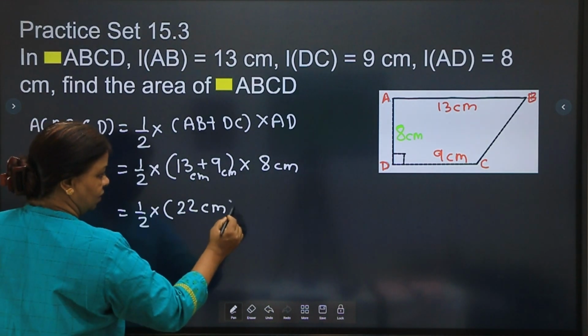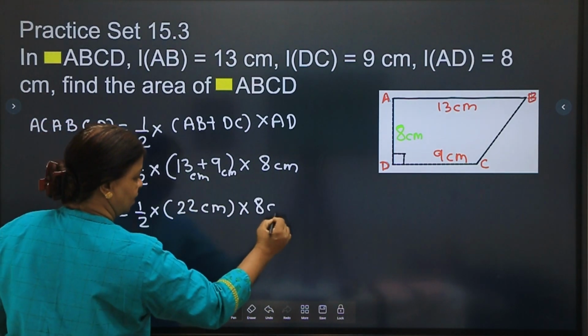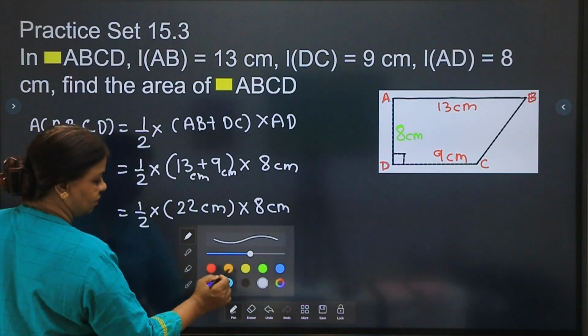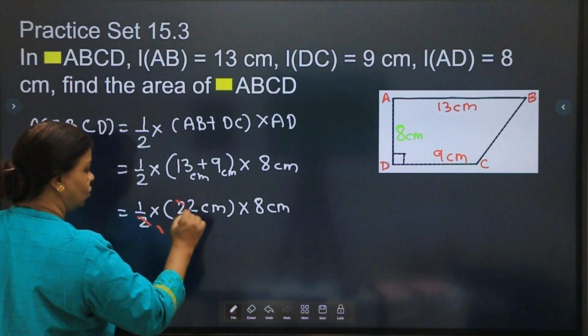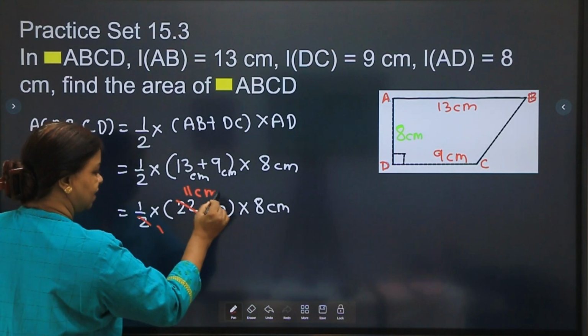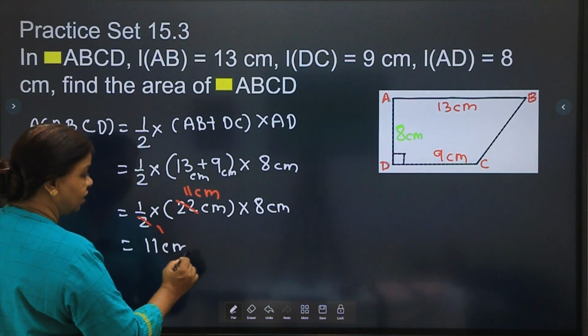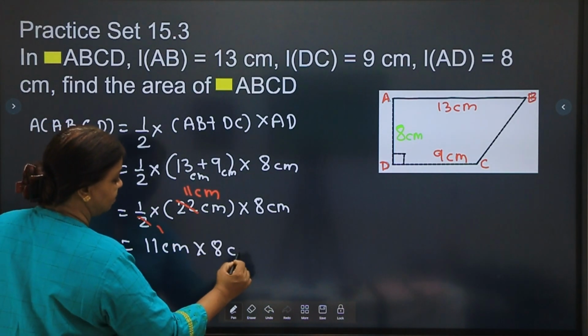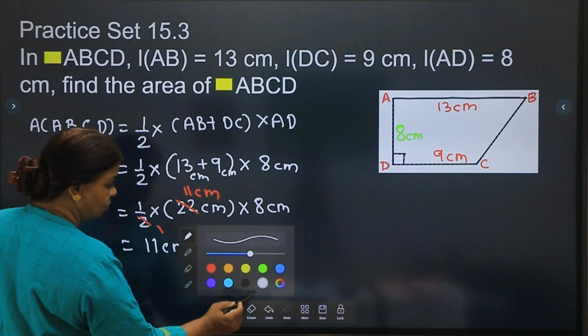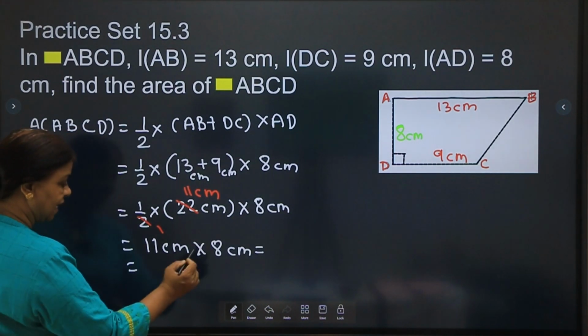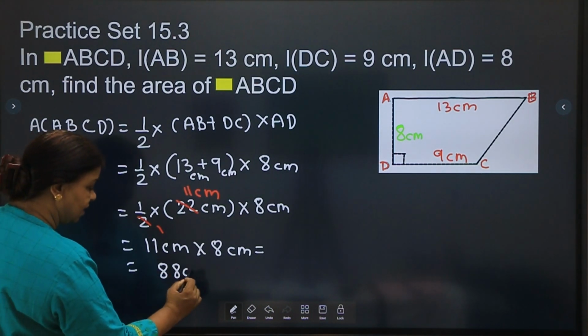Into 8. Now, divide: 2 ones are 2, 2 11s are 22, so 11 centimeter. So, what do you get? 11 centimeter into 8 centimeter is equal to 11 8s are 88.